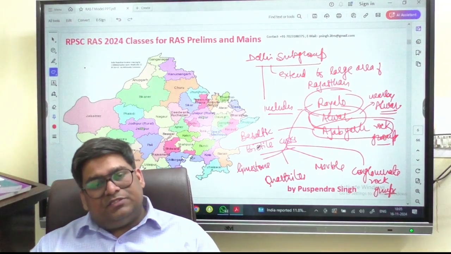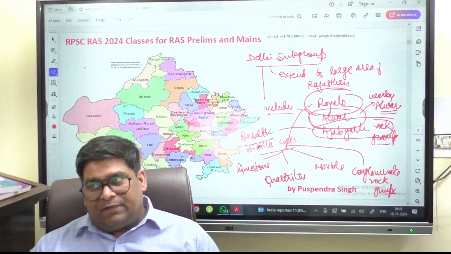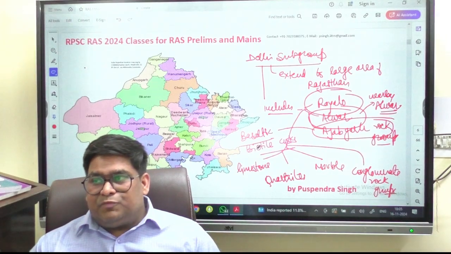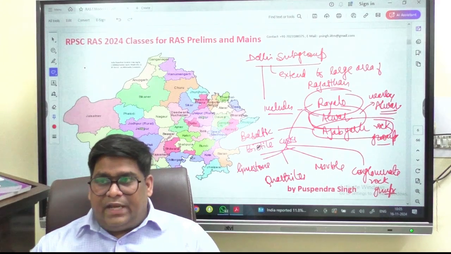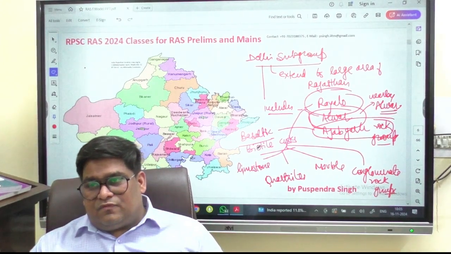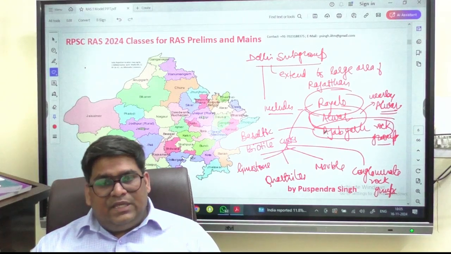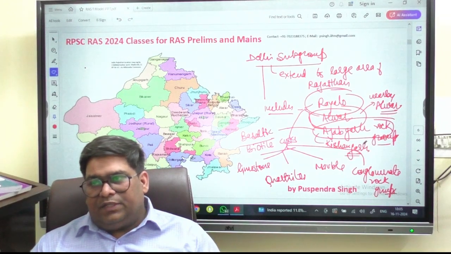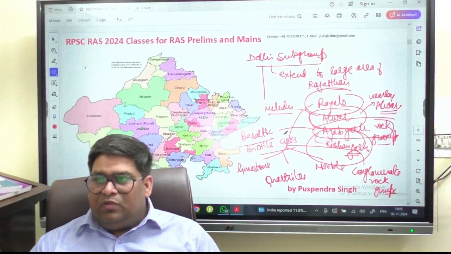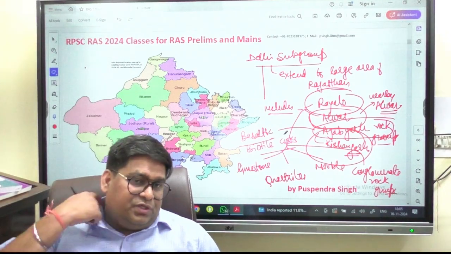In some places you may also find the sequence of biotite phyllite specifically in these rocks. All right, and these types of rocks of that sequence you can find nearby Kishangarh.